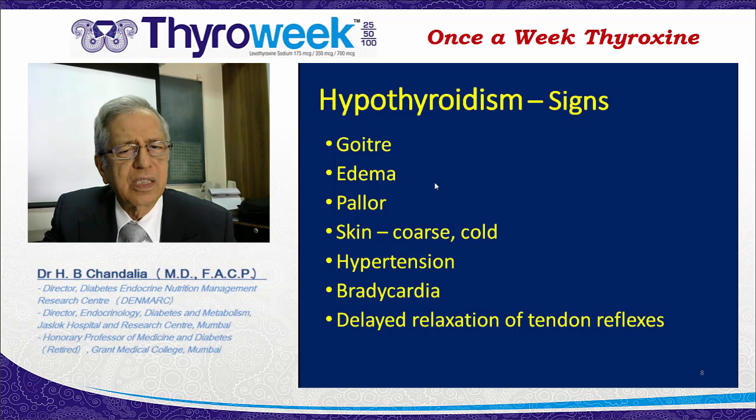This is best seen in the ankle, but remember that the same response of delayed relaxation at the level of the ankle can occur in a variety of other diseases, which includes edema of ankles and of course old age, and hence most endocrinologists tend to elicit this particular feature in the biceps response.